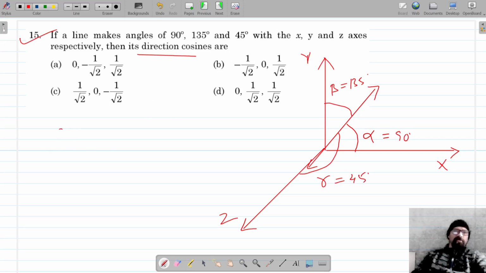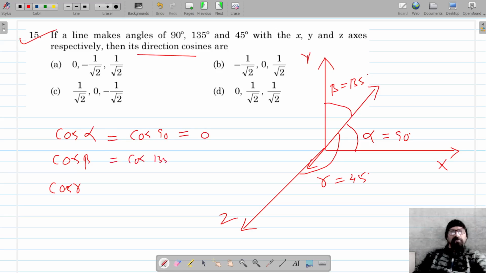So direction cosines are cos of the angles that it makes with the x, y, and z axis. So this is cos alpha, cos beta, and cos gamma. So cos alpha is cos 90, which is 0, and beta is 135 degrees. So I can write 135 as 90 into 1 plus 45, and cos gamma is cos 45 degrees, which is 1 by root 2.